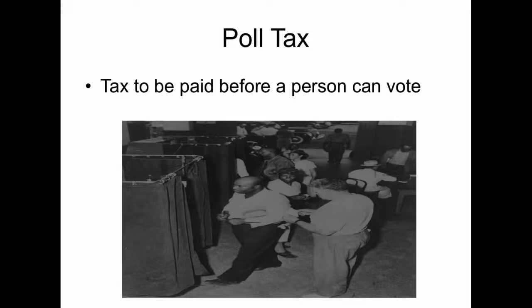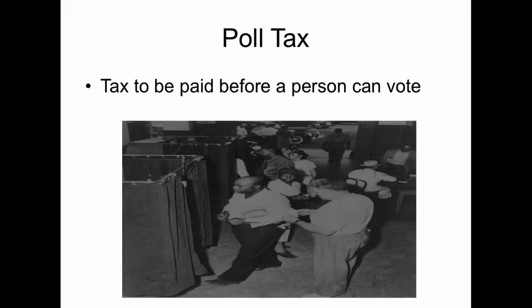And so one of the things that we see in a lot of states across the country is states doing things that they can potentially do to make it difficult for the black population to vote.